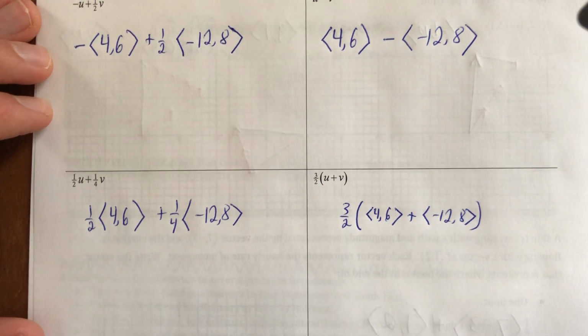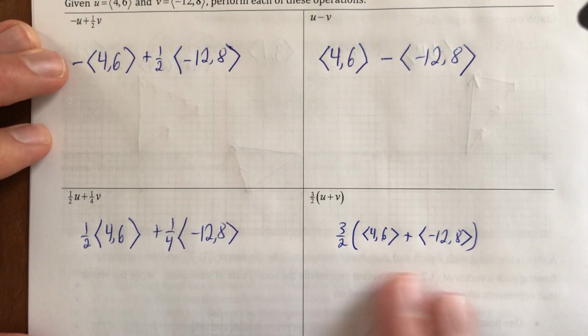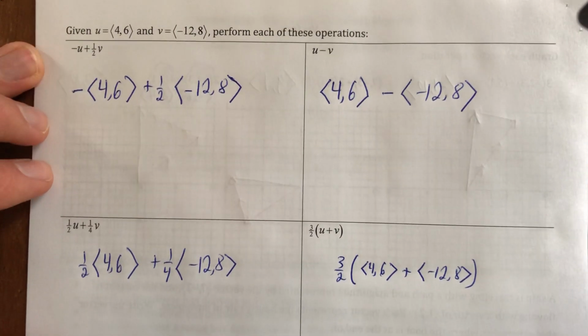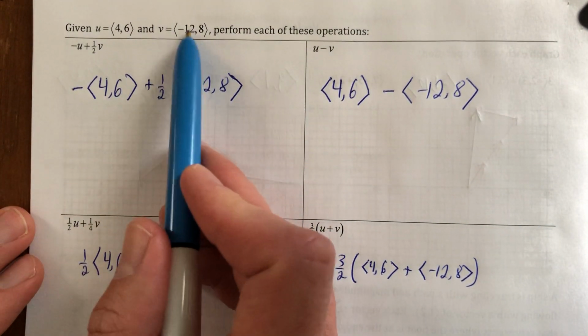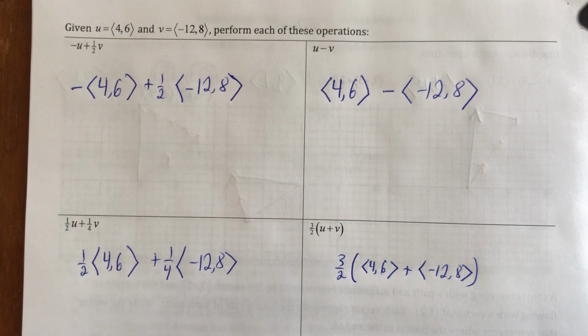Okay, so what I've done is just write them all out. That's the tricky one. We'll deal with him last, of course. So everything's just written out in the place of u. I put this one in the place of v.